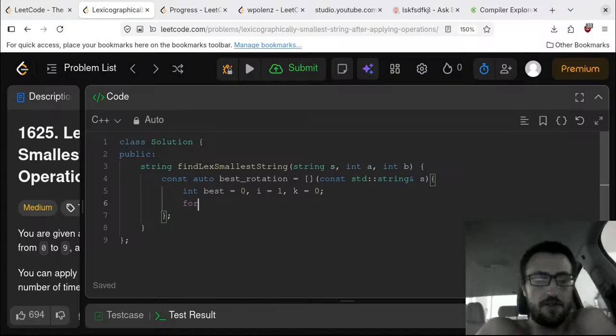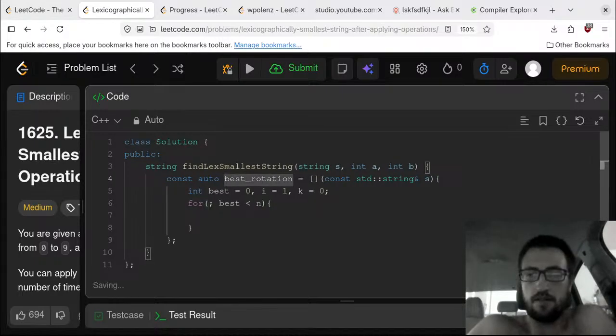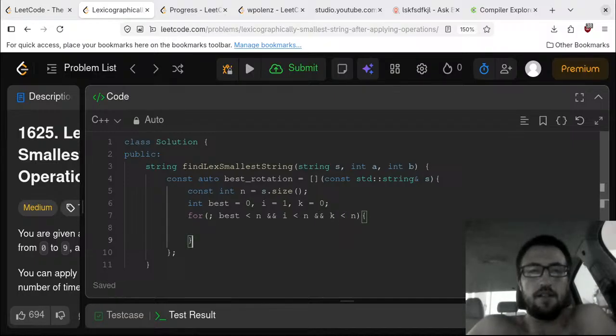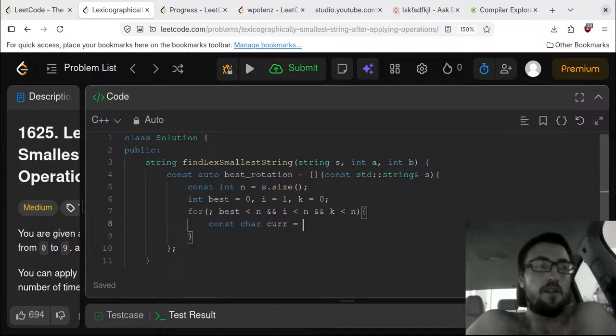So for loop, best is less than n. It's given the size, and i is less than n, and k is less than n. So we're going to say char current, and we'll say previous.